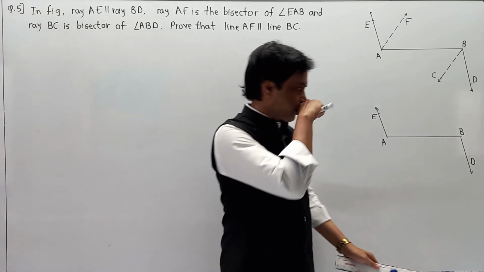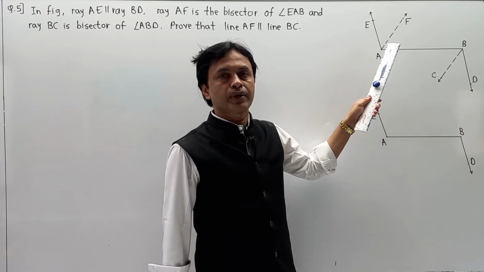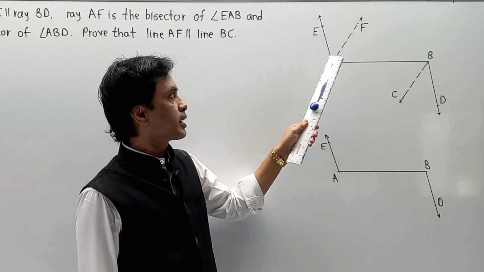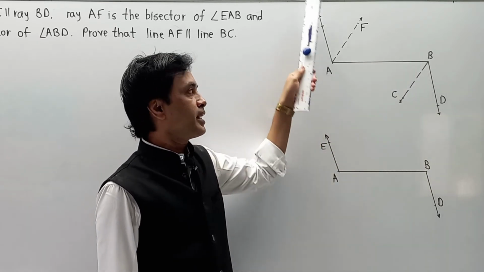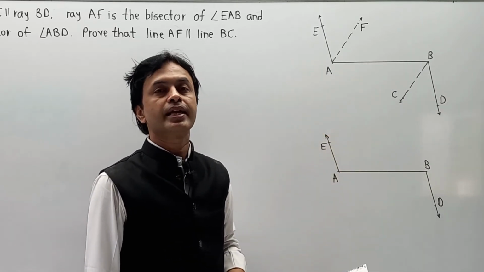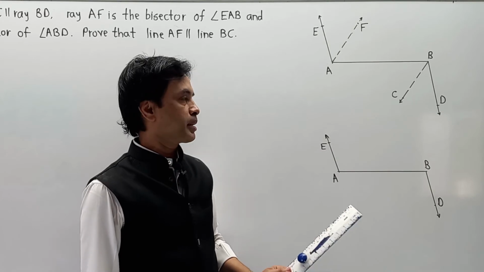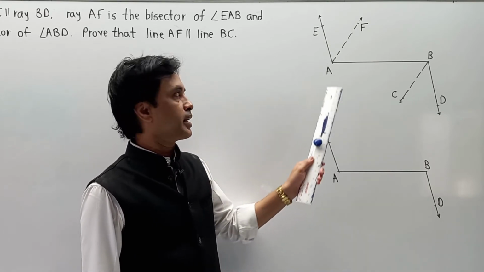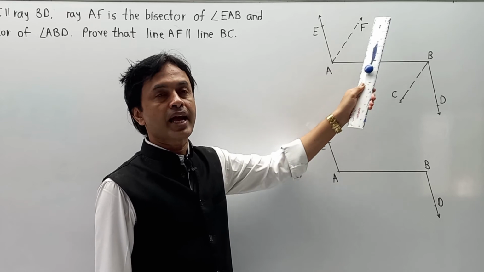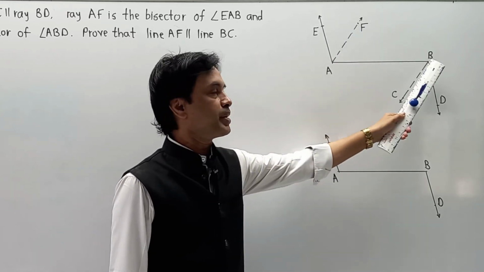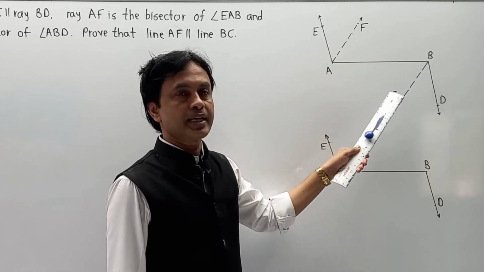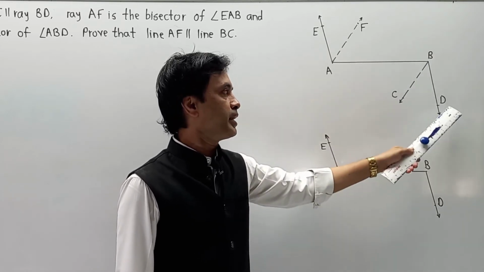The same numerical, I am going to explain here from the diagram point of view. Here, they have given AB as one line, and AE and BD are rays. As per the given conditions, AF is the angle bisector of EAB and BC is the angle bisector of ABD.